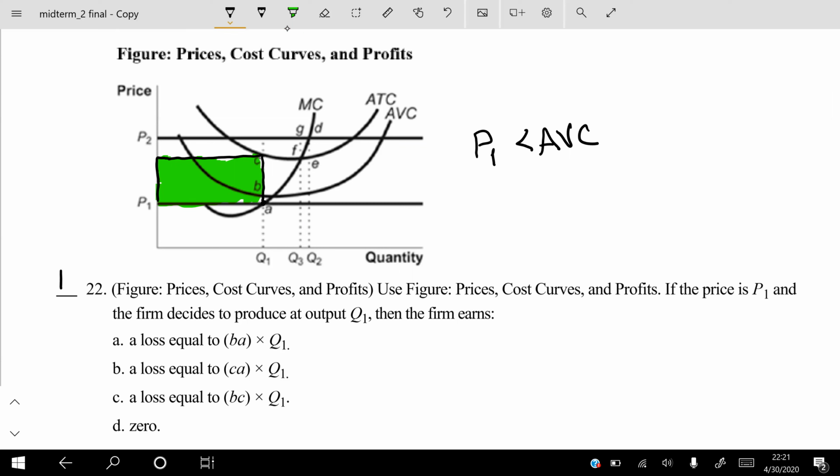Well, the firm will be most profitable. Let's see what's going on here.